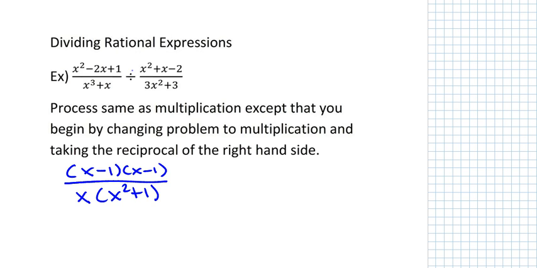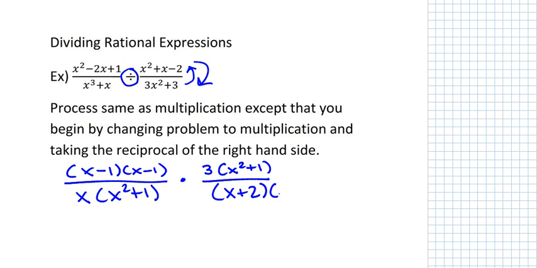The only thing that changes is when it's division, you make it multiplication, and you flip the top and bottom of the right-hand side. So notice here, when we factored it, take out a 3, and it's x squared plus 1. And when we factor x squared plus x minus 2, we get x plus 2 and x minus 1.